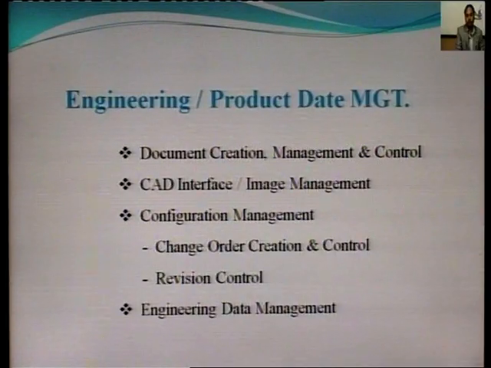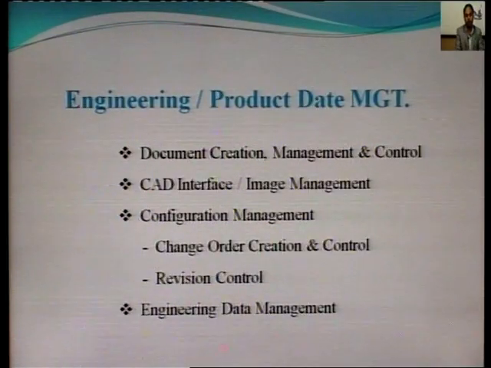CAD interface, image and management. CAD designs are also made in this department. Image management is also provided. Configuration management. The blueprint will be configured to the final product by this department. Change order creation and control will also be provided.